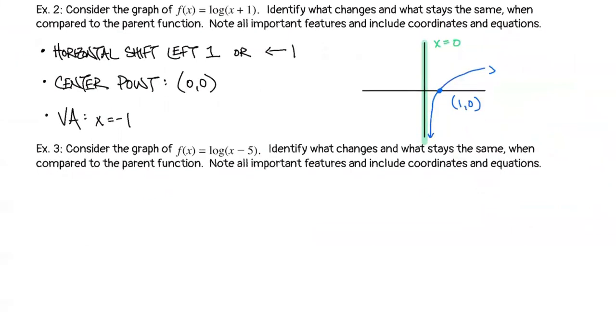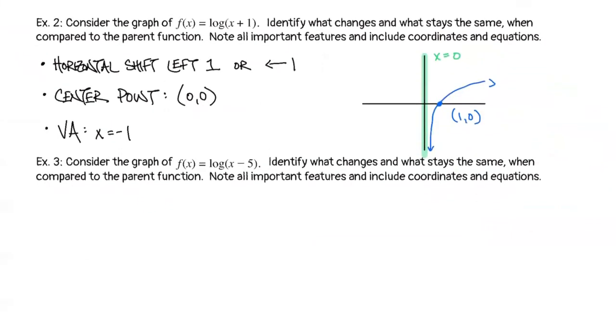All right. Let's take a look at example 3. Take a look at that function and let's go through a similar process. What's the transformation? What's the center point? What's the vertical asymptote?